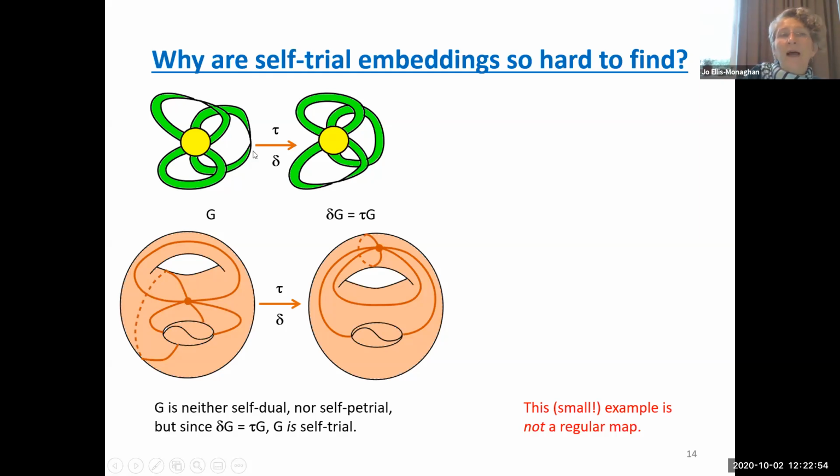Here's a graph that if you twist all the edges, you get this graph. And you get the same thing if you take its surface dual. And this graph is not the original graph. So the original graph is not self-dual, and it's not self-Petrial, but you get the same thing when you take the twist and when you take the dual. So here they are in the surfaces.